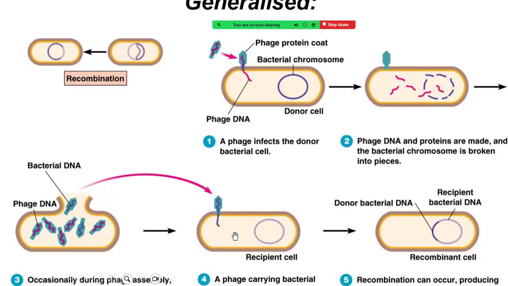Then this DNA can recombine with the host chromosome, and this DNA can be expressed by this recipient cell. So this cell has picked up new DNA from this cell. And that is one way that genes can move around in a population of bacteria cells.